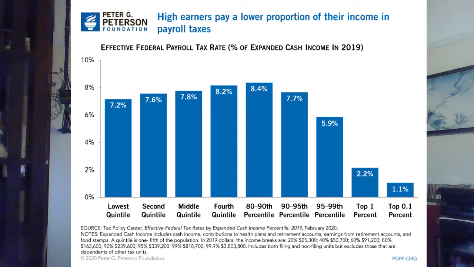Speaking of payroll taxes, let's go to the next chart, and this one is biased in the other direction. This one is going to make it look like the rich are not paying their fair share. We should specify, though, what are payroll taxes, how do they work. This is what gets deducted from your paychecks, and it is earmarked to those who pay it.